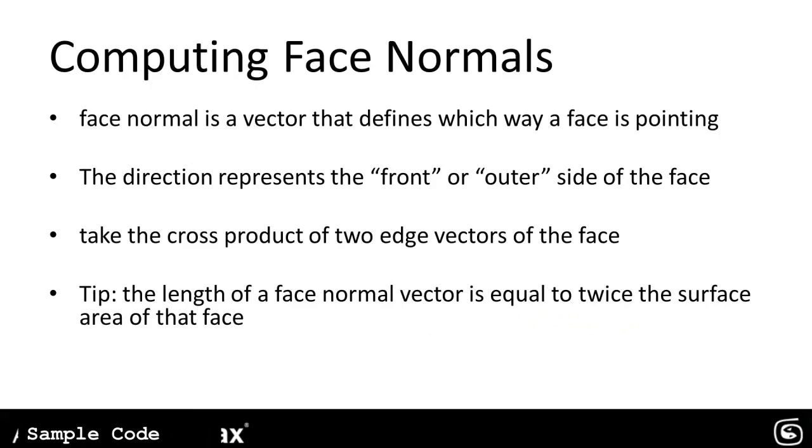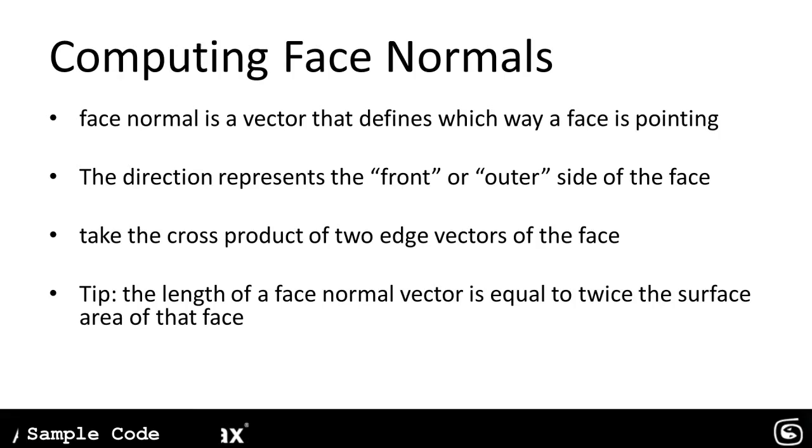When we talk about face normals, the face normal is really the vector that defines which way the face is pointing. The direction represents the front or the outer surface of the face. So whichever direction that vector is pointing is considered the front. You can take the cross product of two edges of the face to find that face normal.